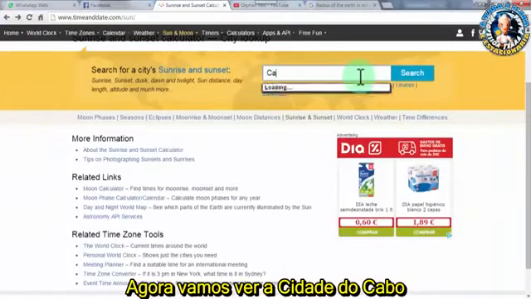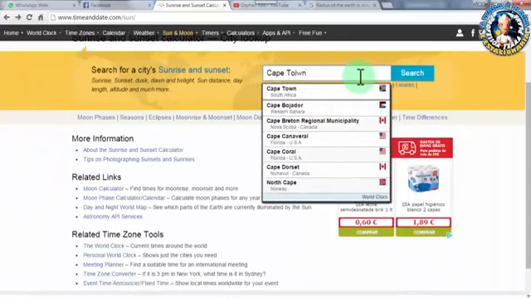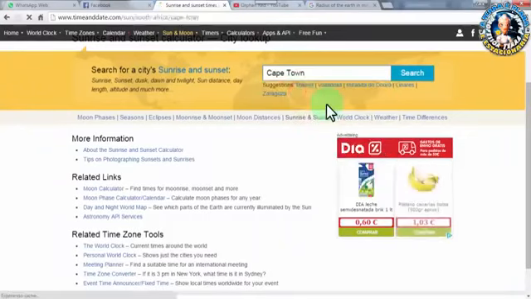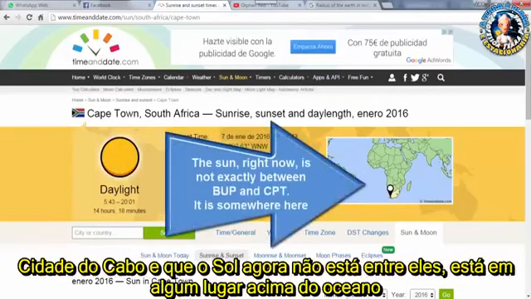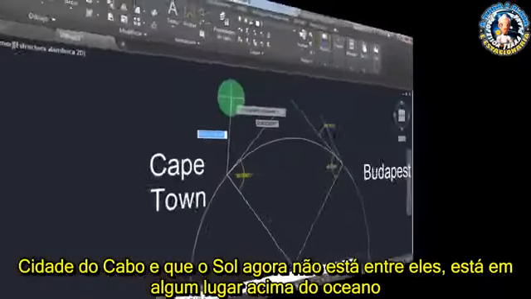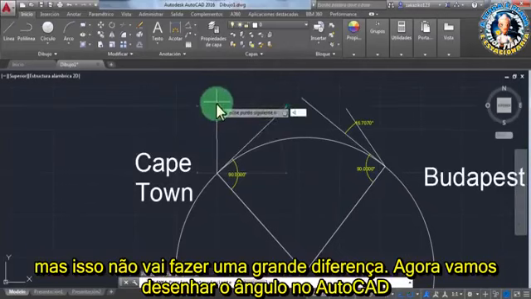Now let's see Cape Town. 66 degrees. Please bear in mind that Budapest is 1 hour behind Cape Town and that the sun right now is not between them, it's somewhere above the ocean, but that's not gonna make a big difference.